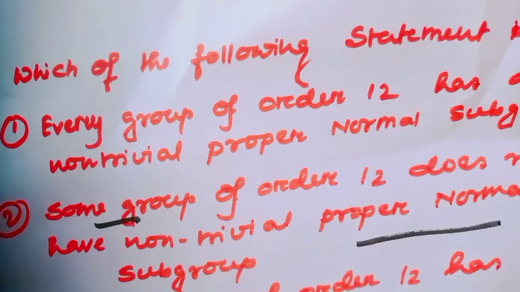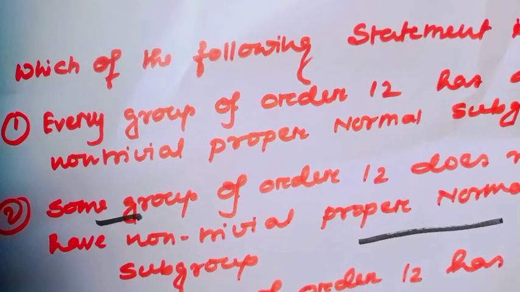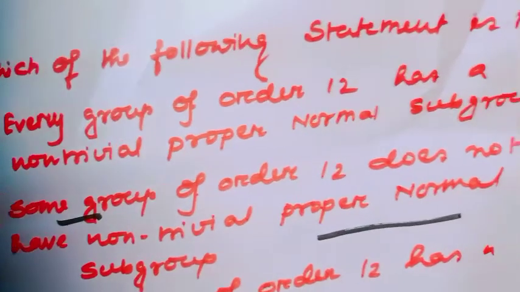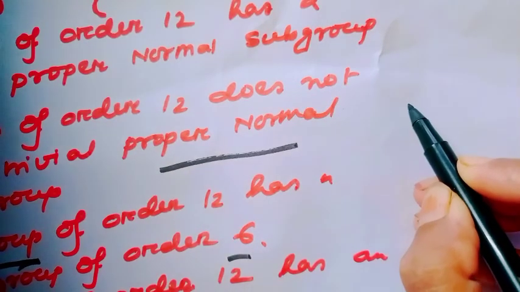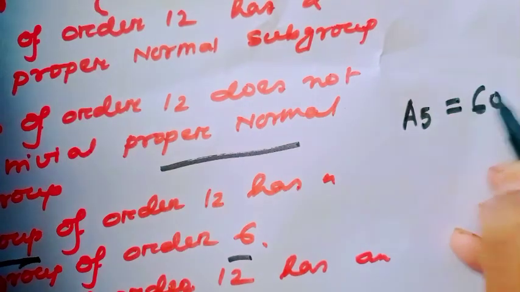Option 2 says some group of order 12 does not have a non-trivial proper normal subgroup. We all of us know if a group is abelian, then every subgroup is normal. And the smallest simple group is A5, whose order is 60.